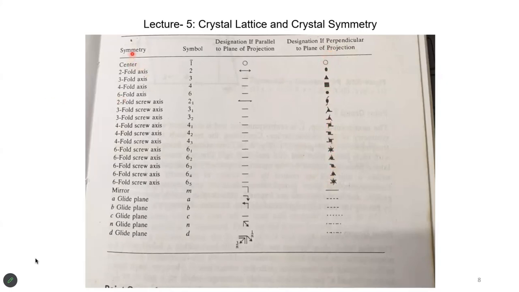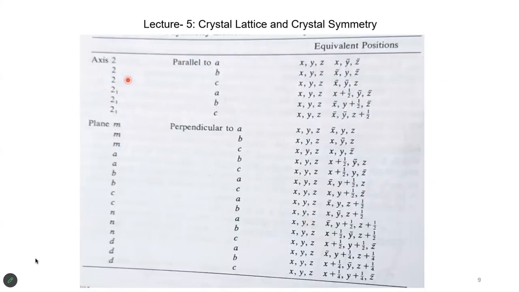And here are different symmetry elements and their written symbols, and these are the projection symbols. We do need them to explain the space group projection. So you don't need to remember this, just keep this in front of you. Nobody will ask you why you have this in your exam. You can just keep it in front of you and derive your space group.